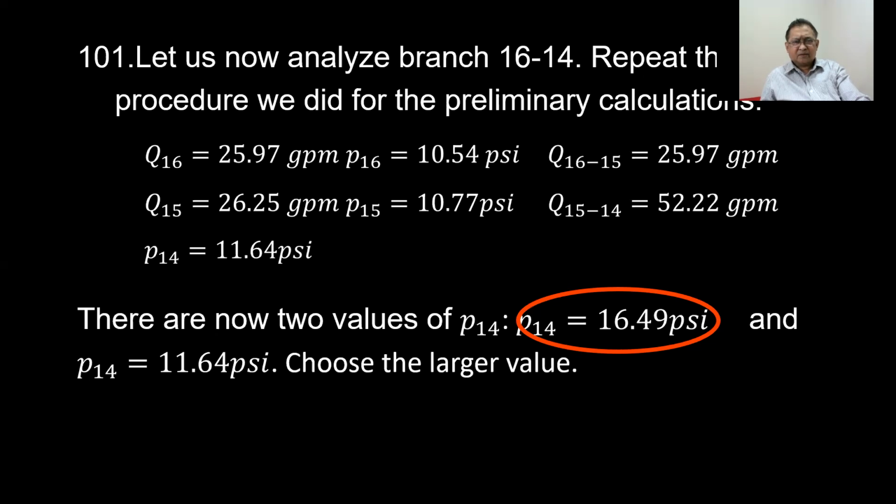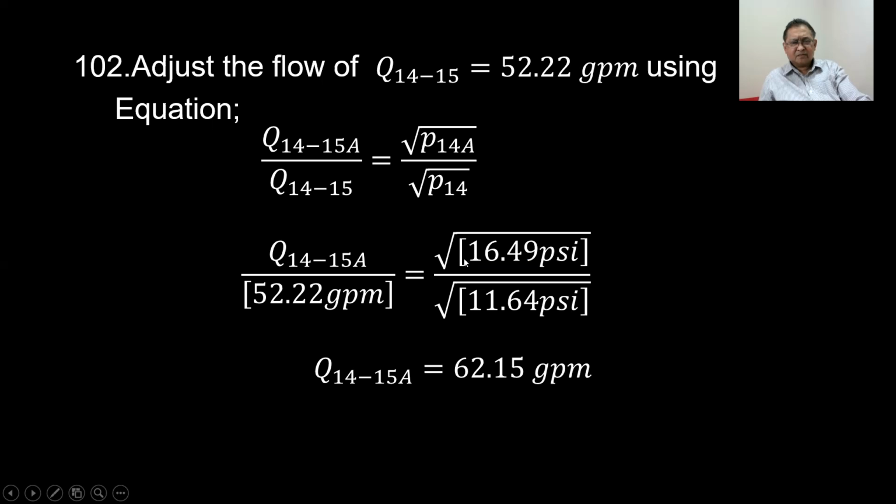We repeat the calculation procedures that we did for the preliminary calculations, and we got the results of P sub 14, 11.64. So again, there will be two pressures, so you adjust the flow of this branch using the higher pressure and this ratio here.